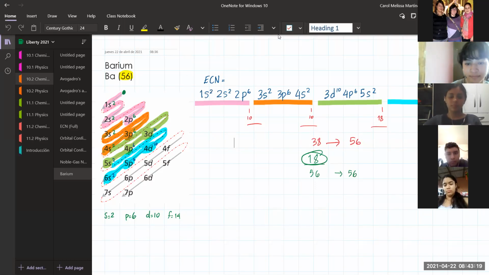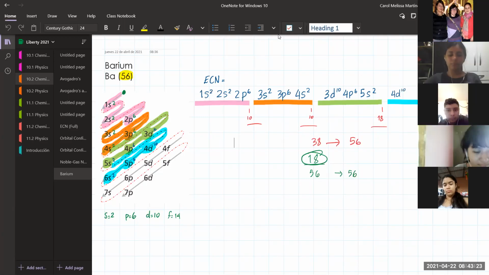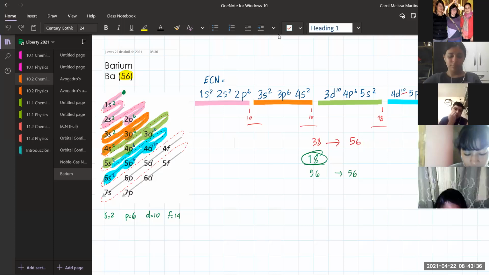So I have 4D10, 5P6, and 6S2, which gives me 18. Okay, 10 plus 6 plus 2 gives me 18 electrons. So 18 was exactly the number I needed to complete my 56 electrons.